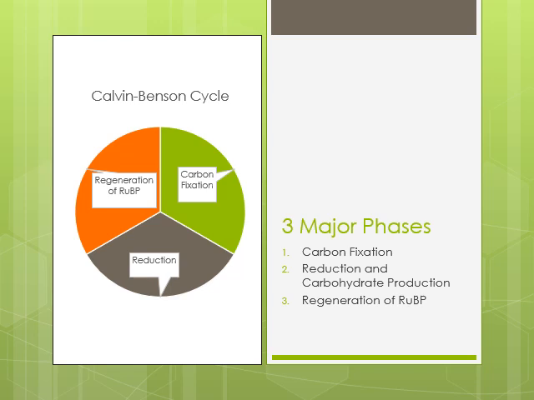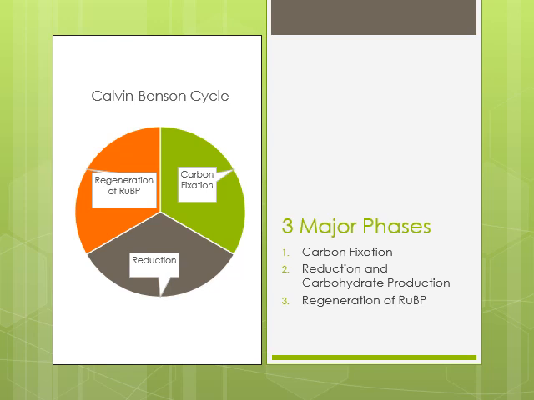There are 3 steps. 3 phases: carbon fixation, reduction, or otherwise known as carbohydrate production, and the regeneration of ribulose bisphosphate, or RUBP. So 3 phases: carbon fixation, reduction, regeneration.